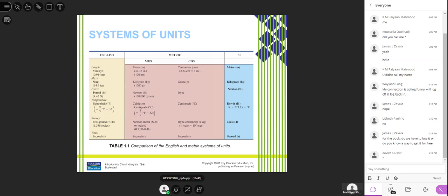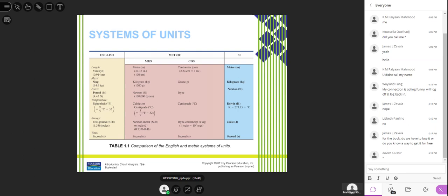So in the standard system, if you are going to talk about the mass of any object, you use kilograms. For force, in the English system, we have pound, which is 4.45 Newton. In the metric system, we use Newton, and for the smaller one, we use dyne. But in the SI system, we use Newton.